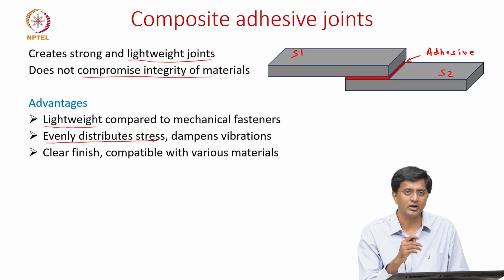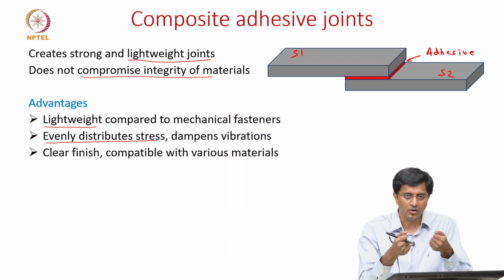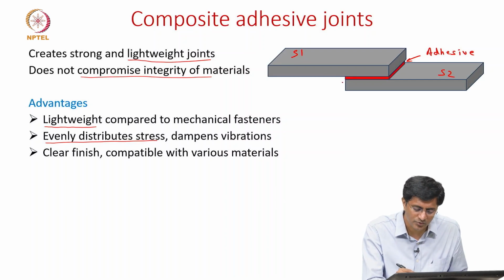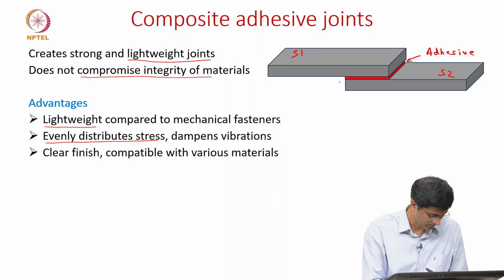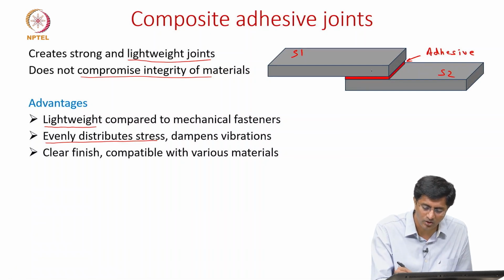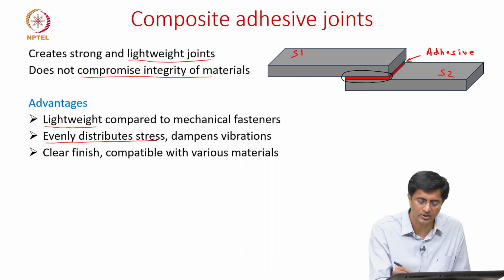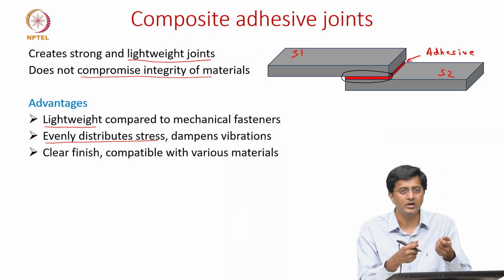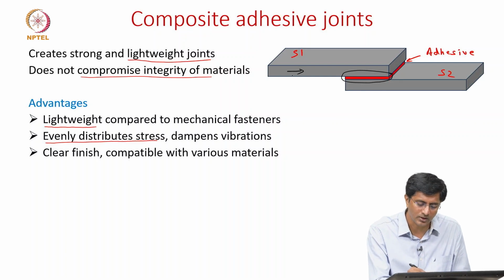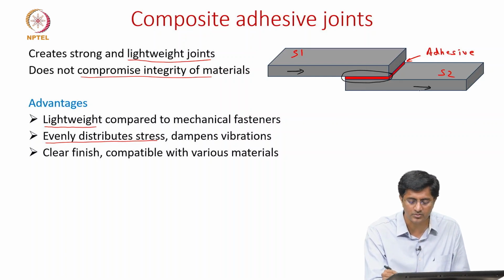So, unlike bolted joints where the loading is transferred from one substrate to the other substrate at these bolts, for example, here the loading is distributed over this complete area. So let's say the whole adhesive layer, this is the cross section, but the whole adhesive layer will take the load while it transfers the load from, let's say, substrate 1 to substrate 2.